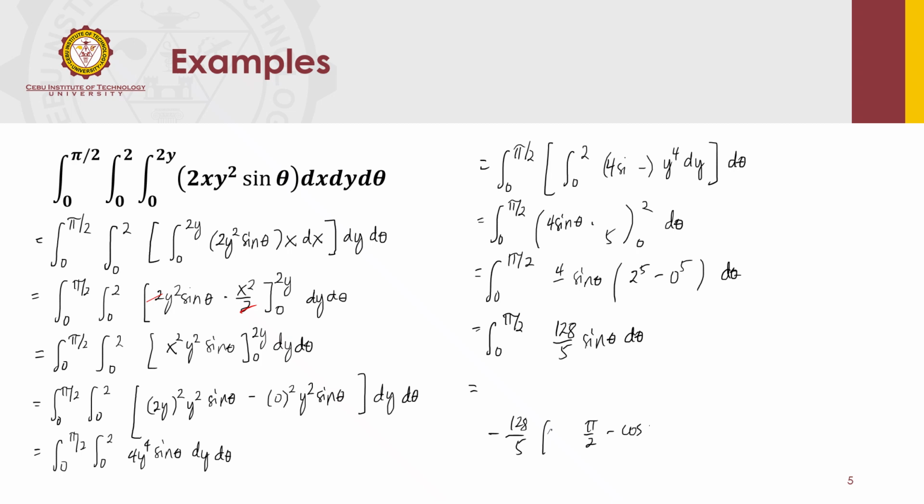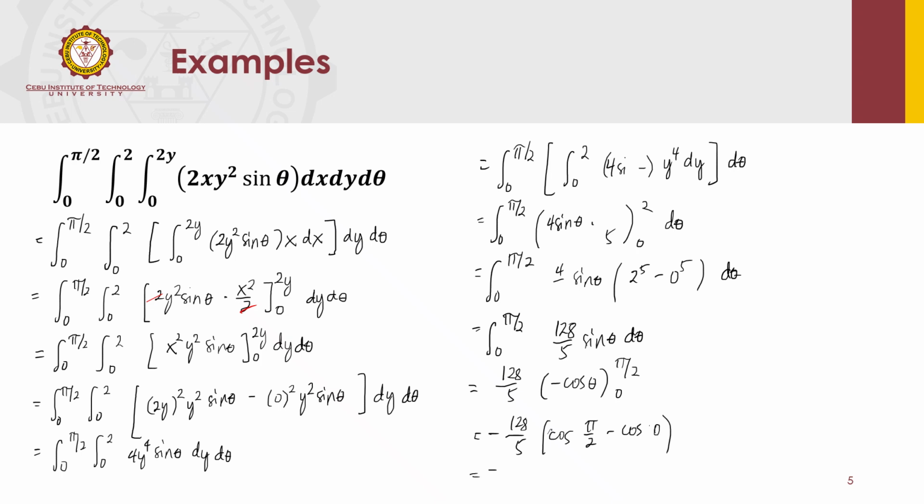That's 128 over 5 times negative cosine theta from 0 to pi over 2. It's negative 128 over 5 times cosine of pi over 2 minus cosine of 0.